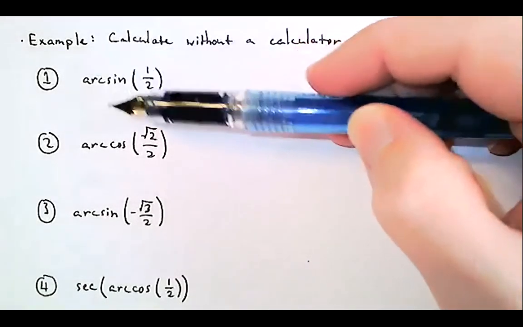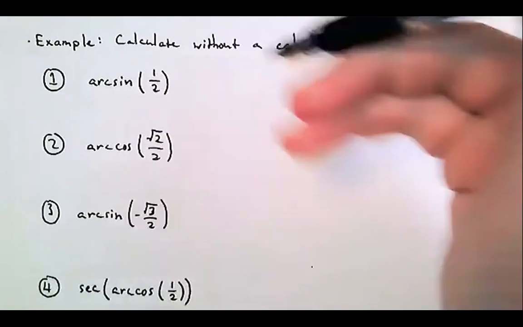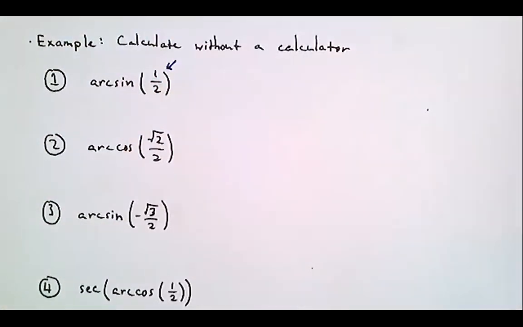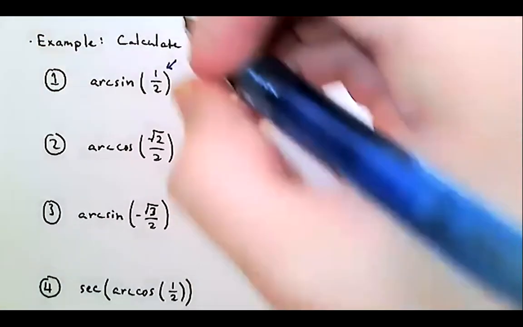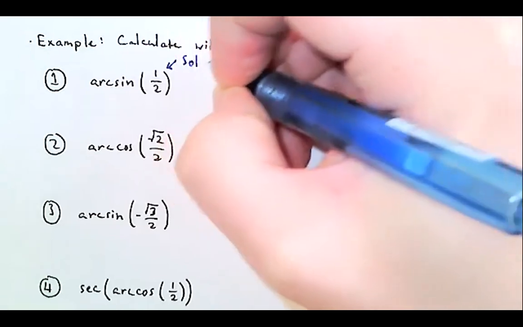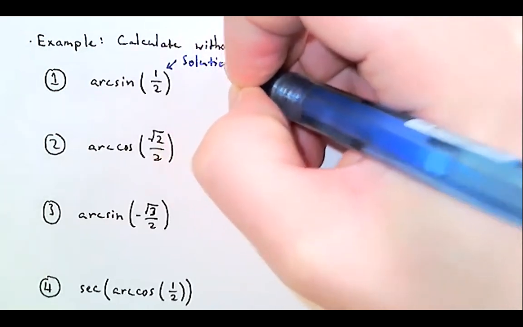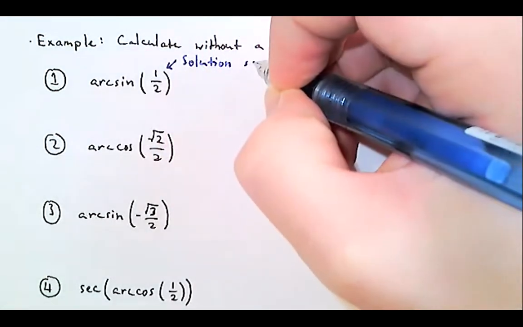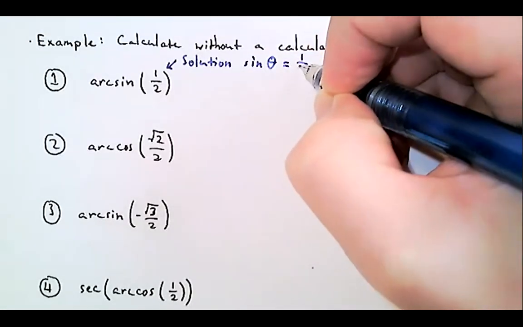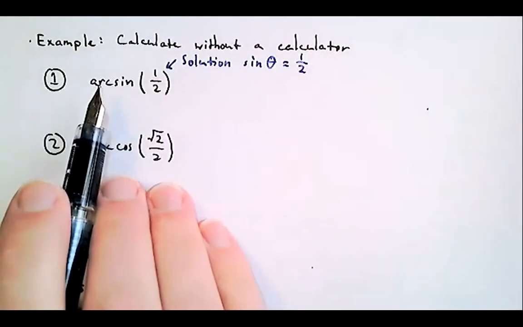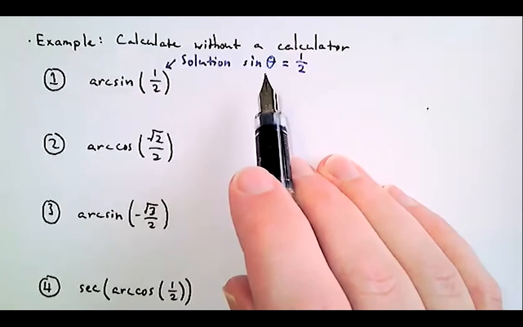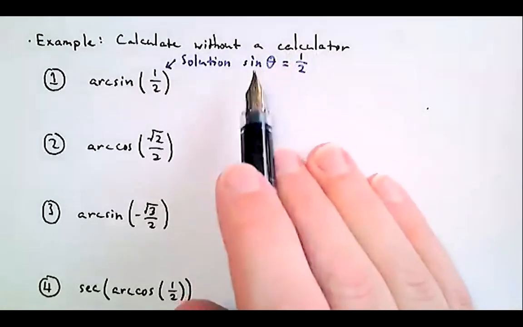And this is an inverse function. So what I'm looking for is something that essentially undoes sine. So I'm looking for the value of theta that solves this function. So sine of theta equals 1/2. If I want to find arc sine of 1/2, I have to figure out what angle solves this equation.